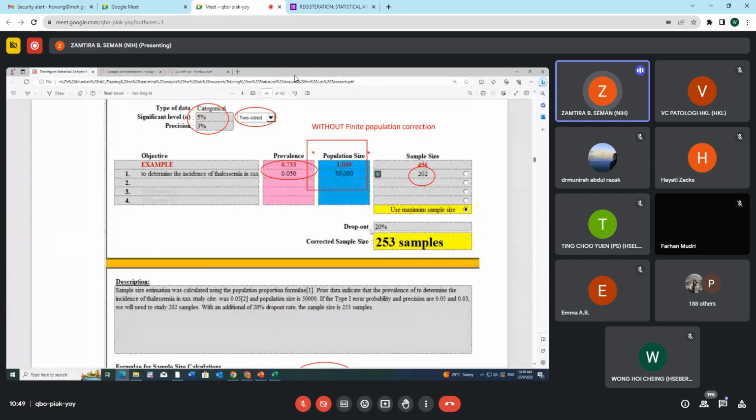Why? Because for dropout, you yourself decide how many percent you want. When we want to run a study, especially on behavioral research, we can already estimate what response rate we will get when we apply the study. If the study is very sensitive, of course not many will want to join, they refuse to join, then we will increase this dropout. If the study is a normal one, people will join, of course, then it will be 10%.